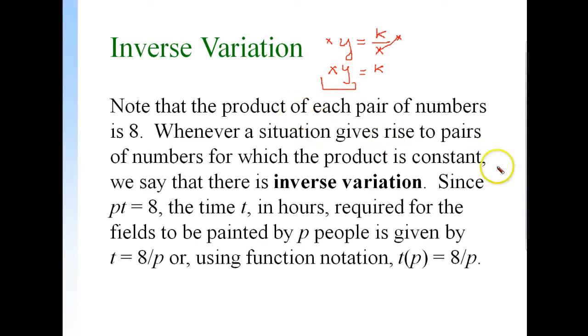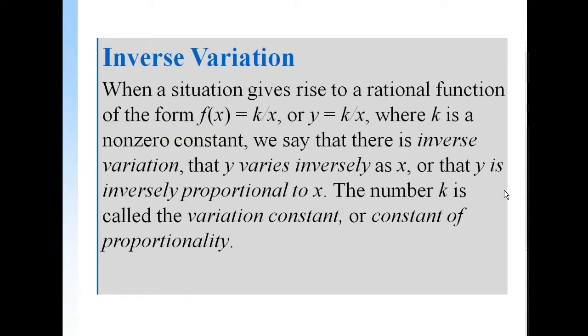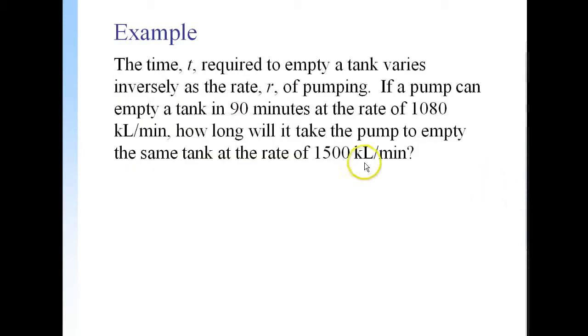And let's see that in action here. So it says the time t required to empty a tank varies inversely as the rate r. Again, my strong advice, every time they say it's inverse variation, write this. Y equals k over x. But notice they're talking about other letters, but it's still basically the same pattern.